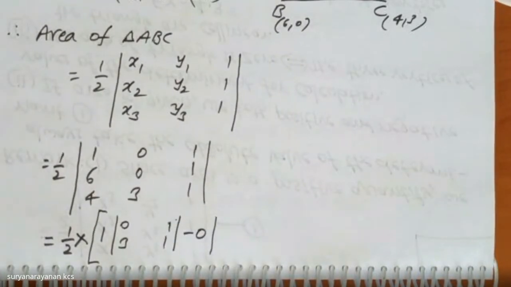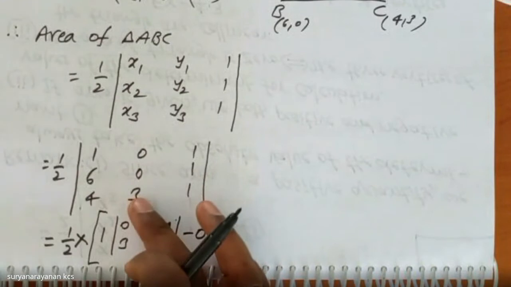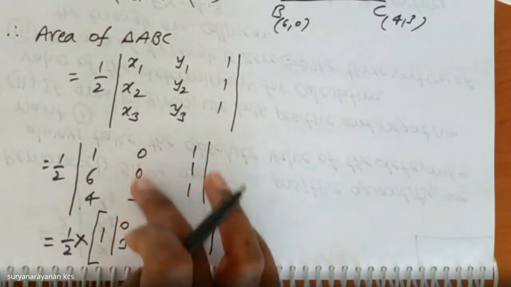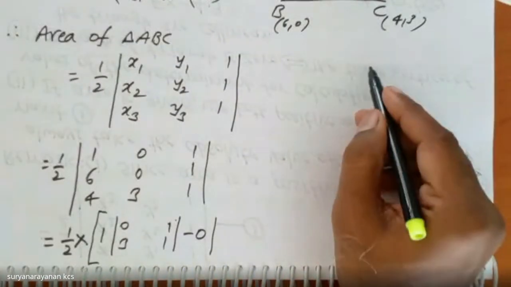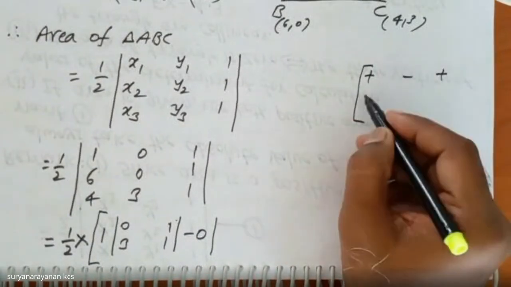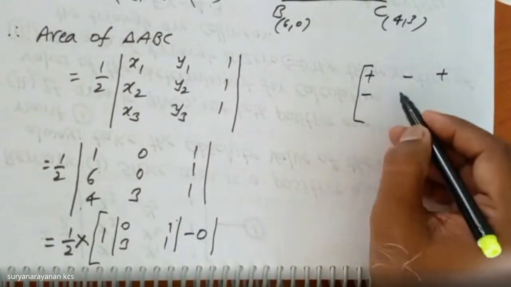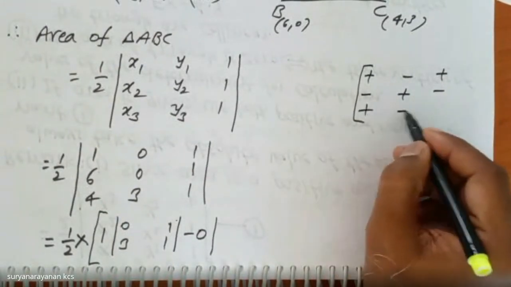Otherwise, if you observe the second column, it has more zeros. Previously we have learnt the properties of determinants. If more zeros are there in any row or any column, we can expand along it for easier calculation. Plus minus plus, minus plus minus plus minus plus.